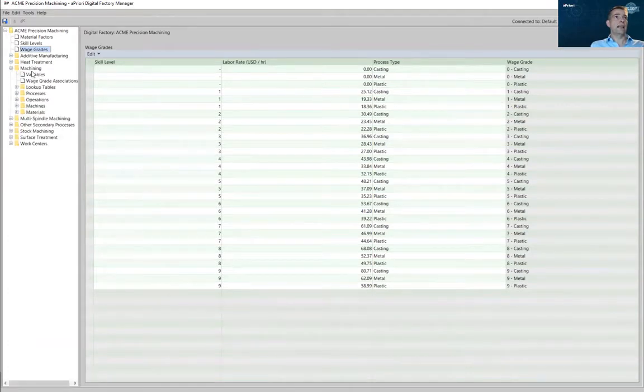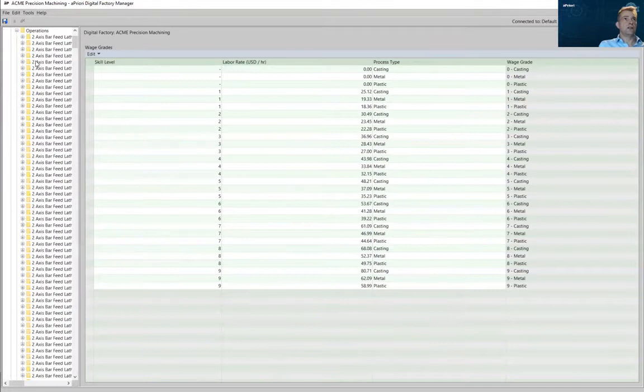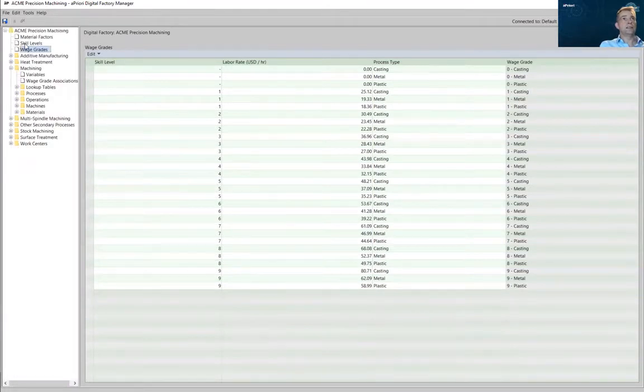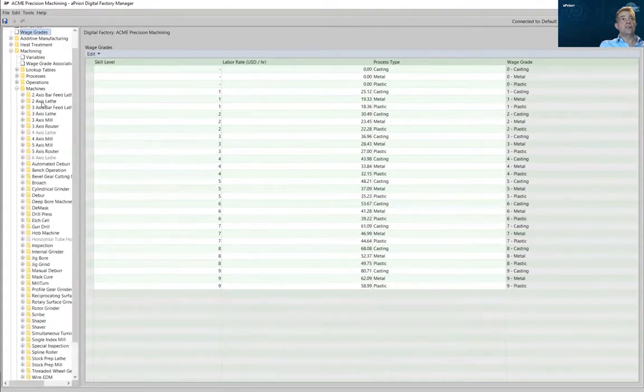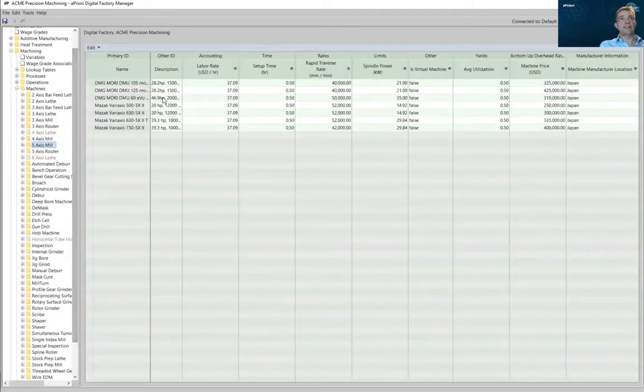And then we replicate their different processes in here. They do machining, for example, and these are all the different operations that they can do in machining. These are all the different machines that they use. And each machine, say for 5-axis, has its different power ratings, its properties around the size of the machine, what parts it can take, as well as the labor rates, setup times.